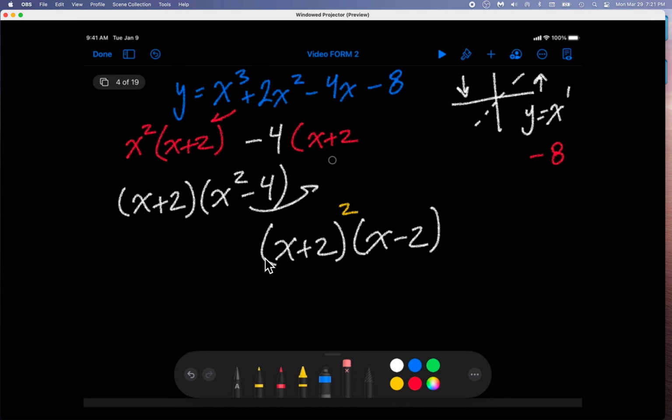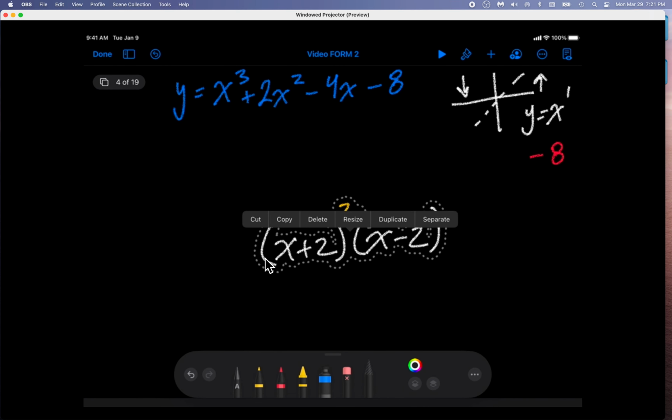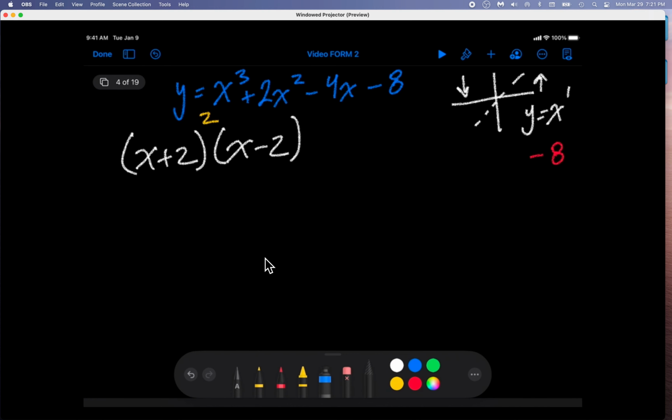Okay, let's make some room. Let's plot our axis. Now let's put our zeros and let's analyze them.